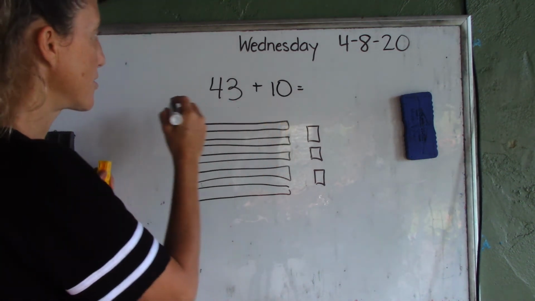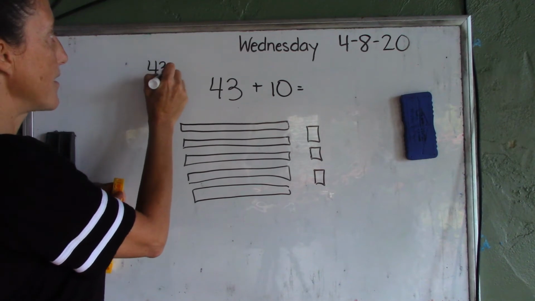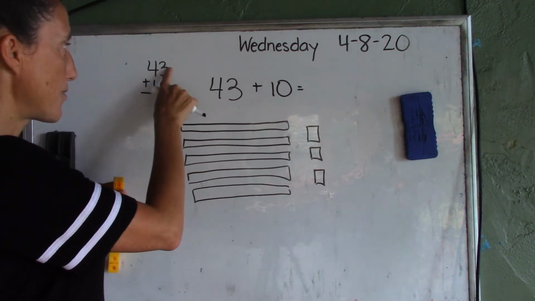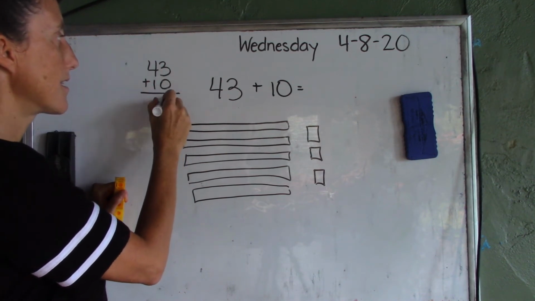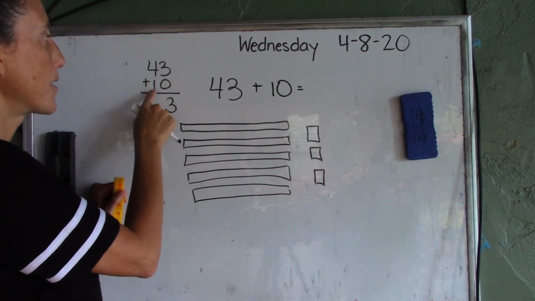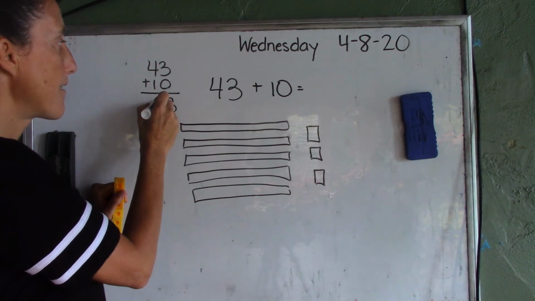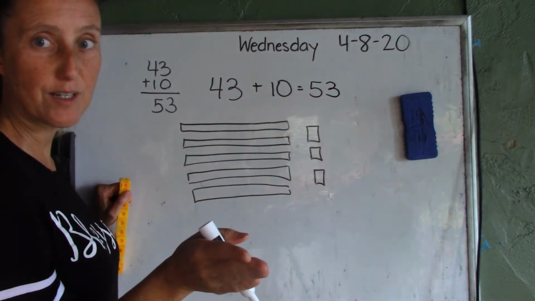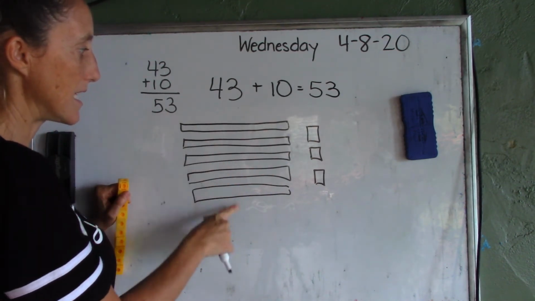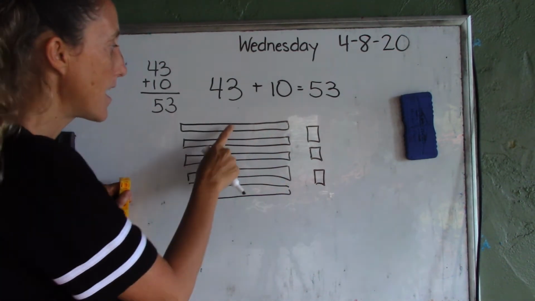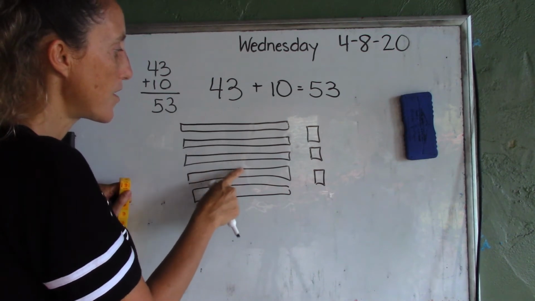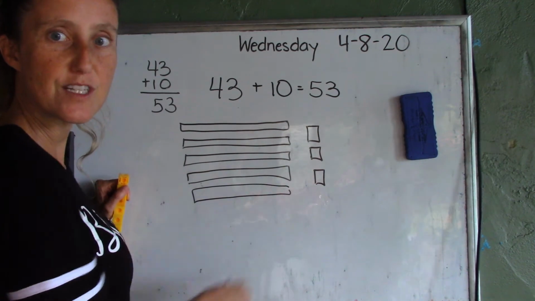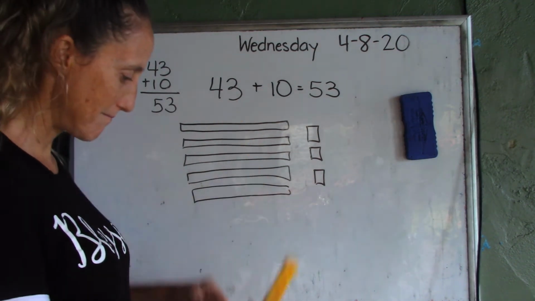Well, we could do it this way where we make our addition problem and say 3 plus 0 is 3 and 4 plus 1 more is 5 and I would get 53. And to check my answer, I would count these linking cubes again. Are you ready? 10, 20, 30, 40, 50, 51, 52, 53. So you're right. Good job.